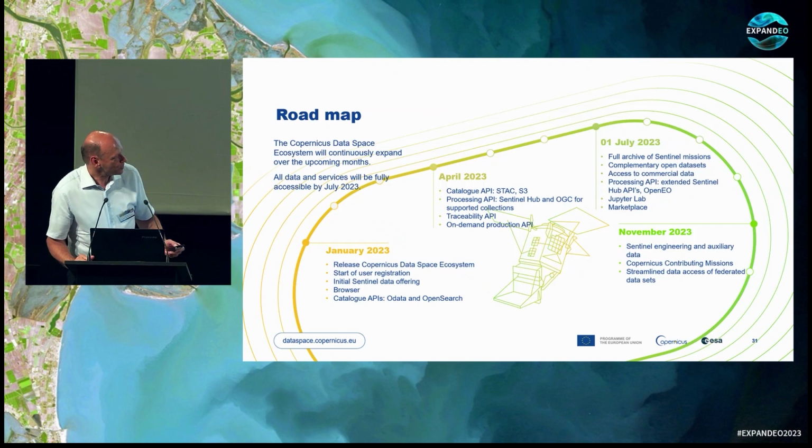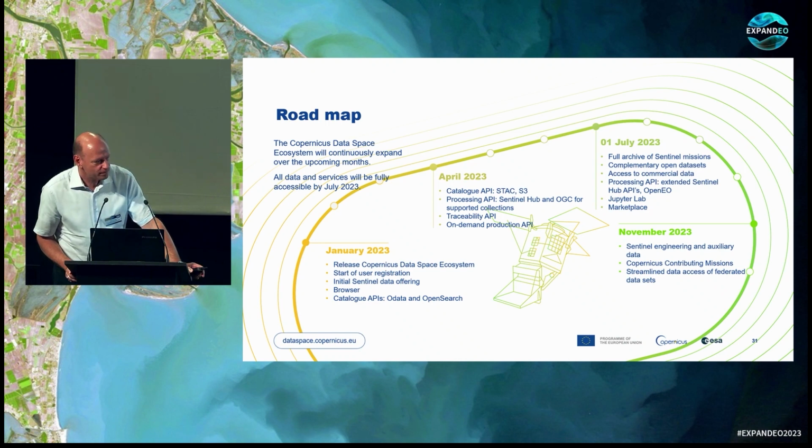And for that we have, of course, a roadmap. We cannot do everything at the same time, but we are already well advanced, as you have heard, so I will skip this quickly. We are now approaching the 1st of July, where I would say 90 to 95% of all the data and services will be available for you, also then to switch from the current data hubs to the Copernicus Data Space and start using it, start experimenting with it, and then we will be adding new services along the way, and also listening to you to maybe get new ideas.